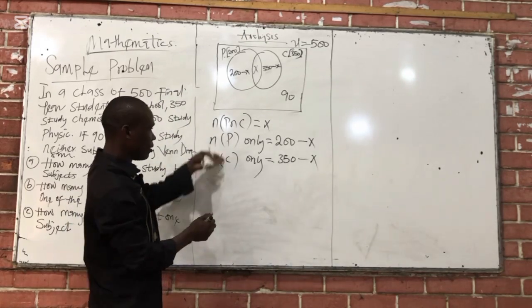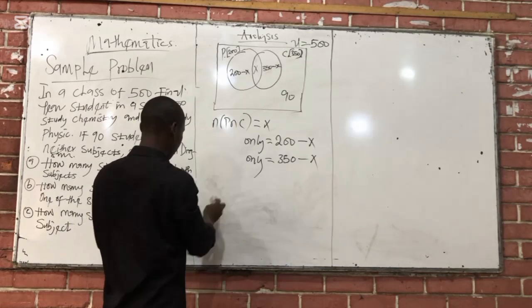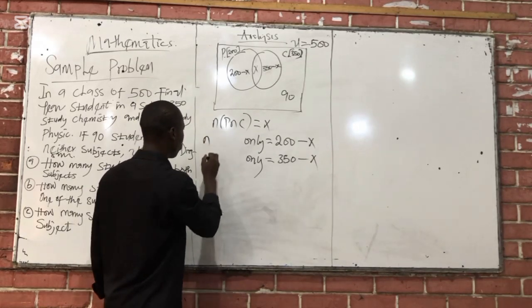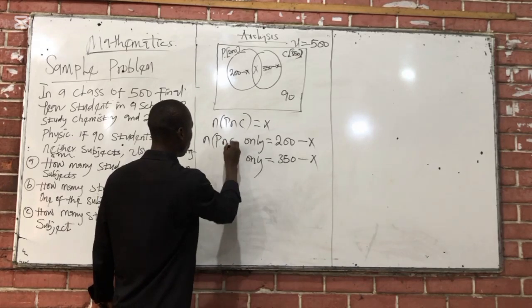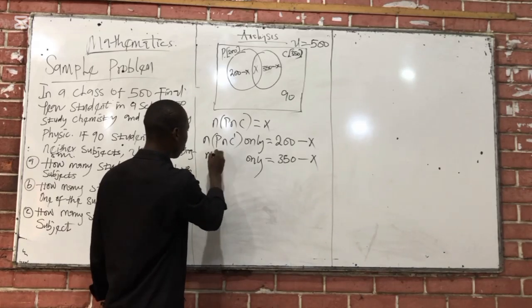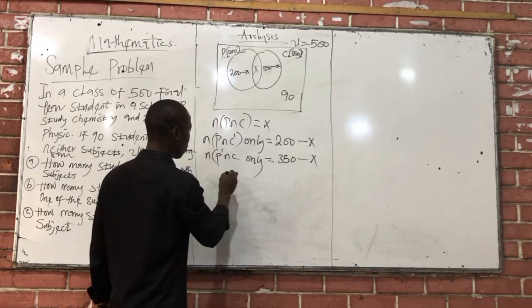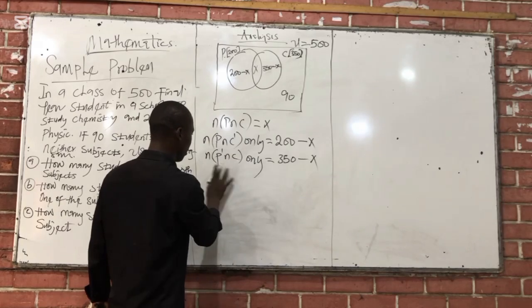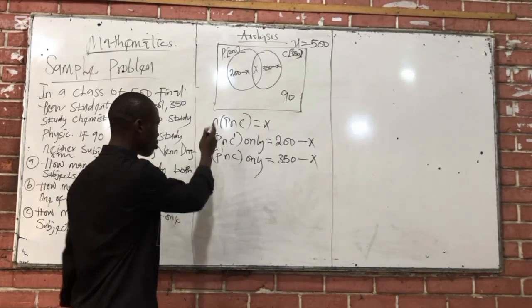It's either I leave it like this, or I can come over here to rewrite it in this form. The number of students that studied physics but not chemistry, and the number of students that studied only chemistry but not physics. So we can leave it in this form also. We can also leave it in the other form. So let's use this one.